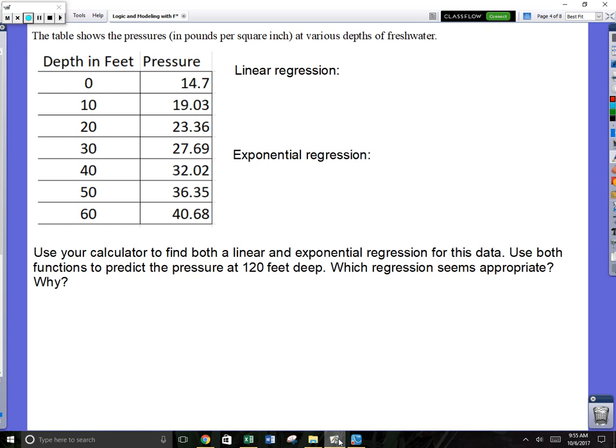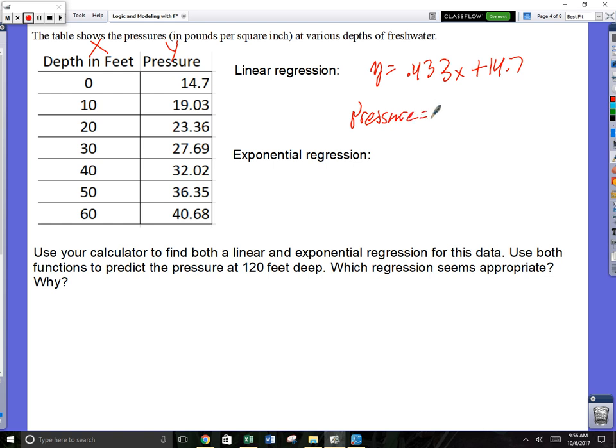So now if we go back to our paper here, there's your linear regression. It was y equals 0.433x plus 14.7, and based on this, this is my x and this is my y. So y is actually calculating the pressure.